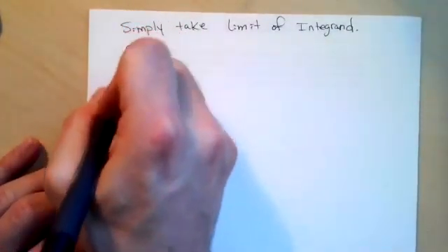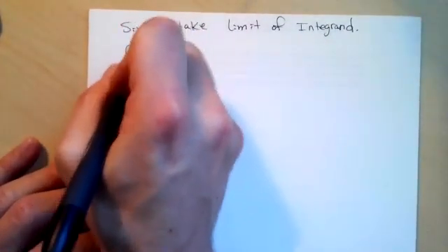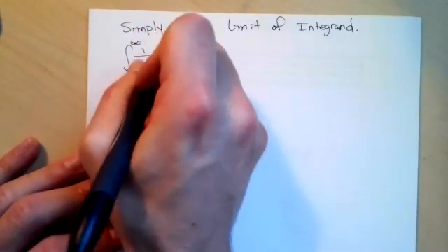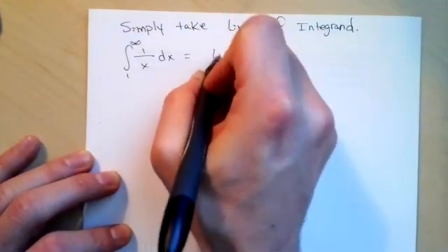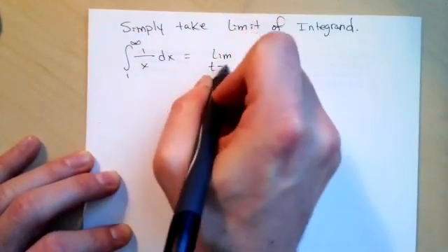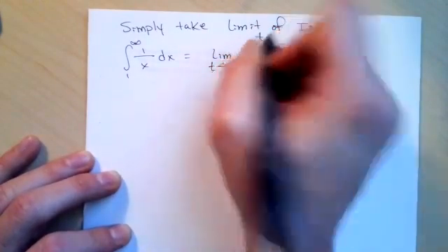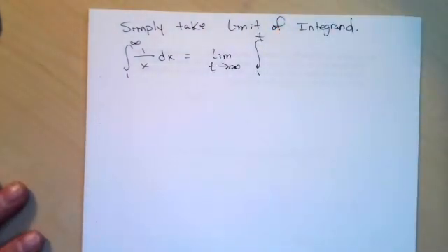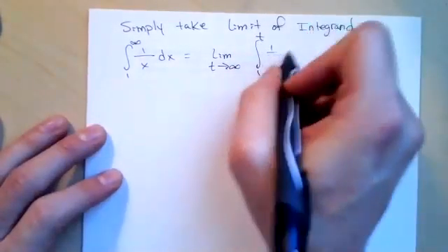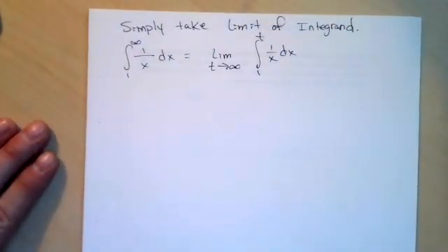So when we're doing an integral from 1 to infinity of 1 over x, what we mean by that is to compute the integral for some finite value bigger than 1, and then take the limit as that upper bound goes off to infinity.